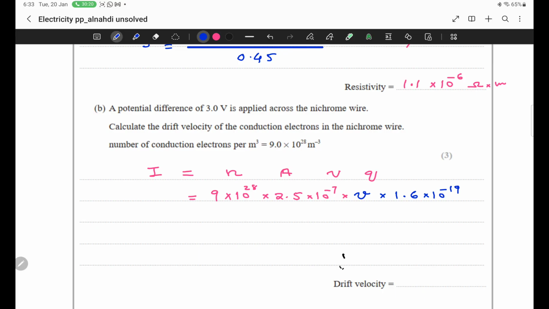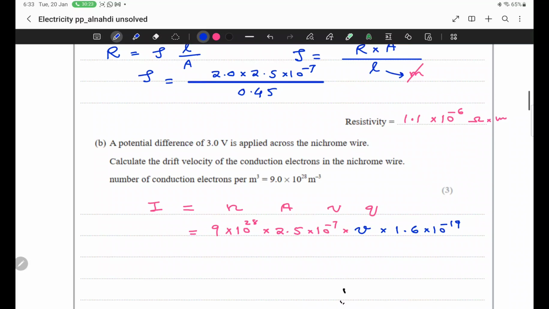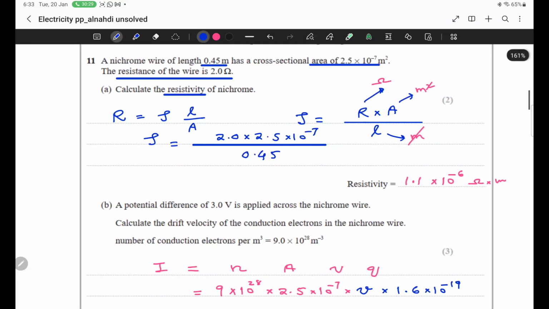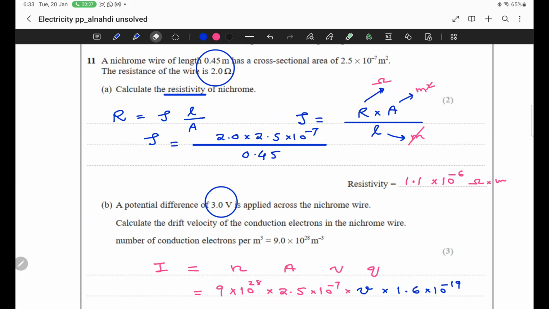But Simra, I am asking you a very simple question. In this question, you are not given current. What should I write for current? I have circled for your convenience.